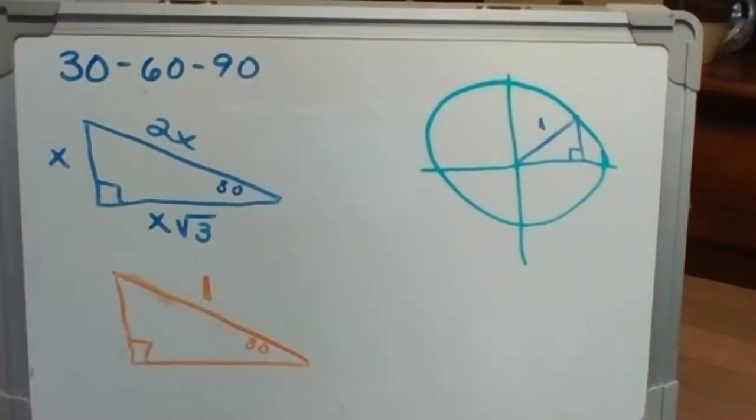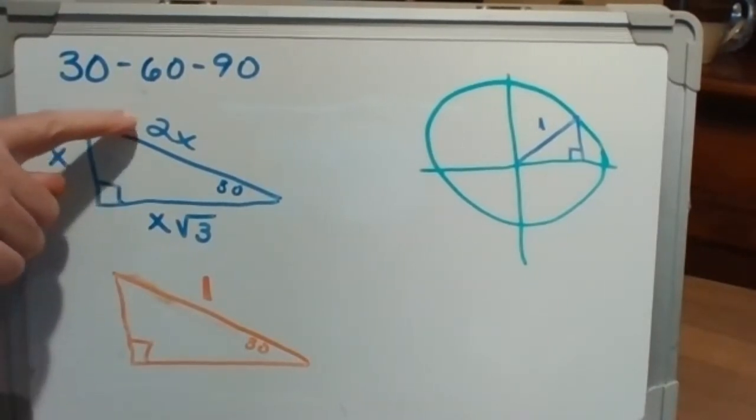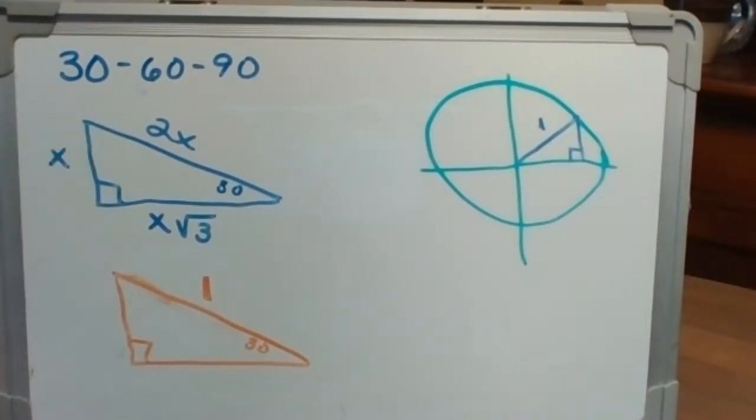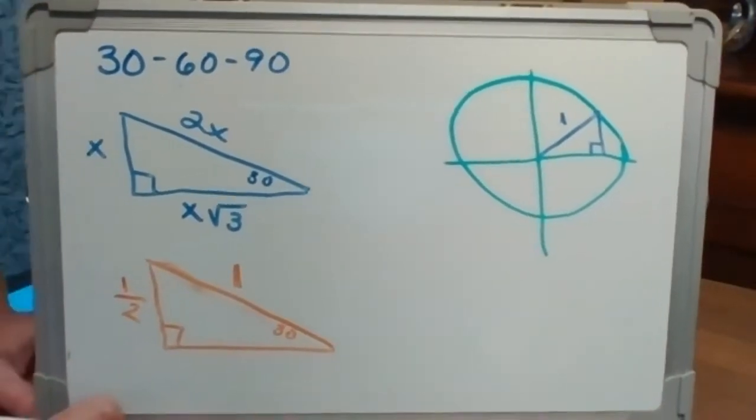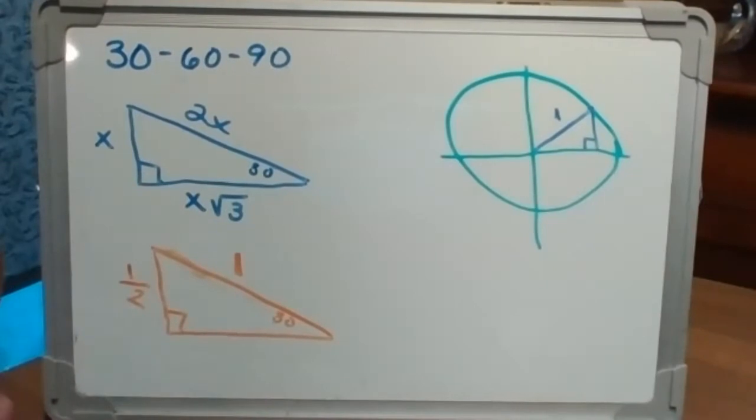And now we want to get the other two sides based on the relationship that we know and the fact that our hypotenuse is equal to 1. Well, it's easiest to go from the hypotenuse to the short side, because if the hypotenuse is 2x and the short side is just x, to go from here to here, all we do is divide by 2. So on the unit circle, the short side of a 30, 60, 90 triangle is going to be 1/2. Make sense so far?